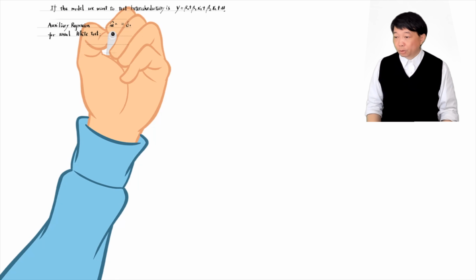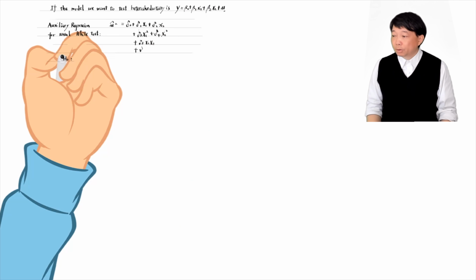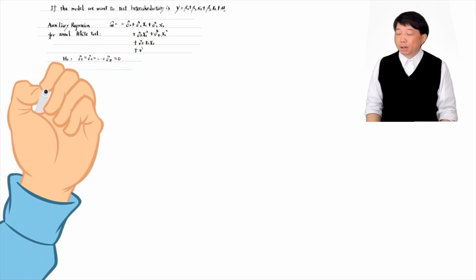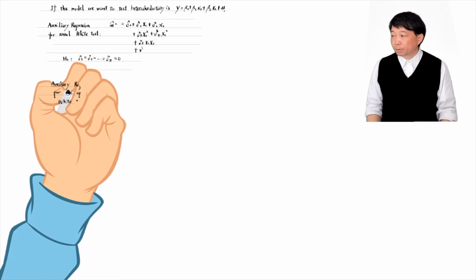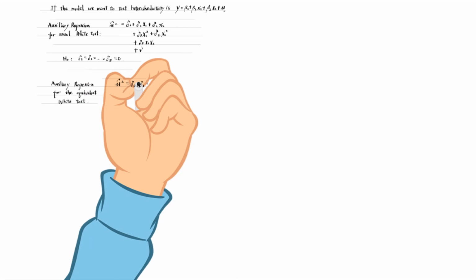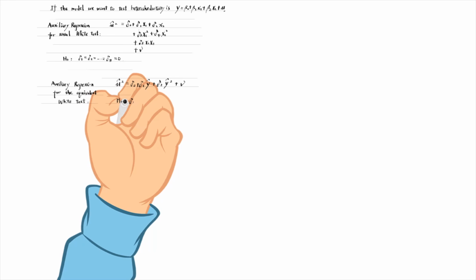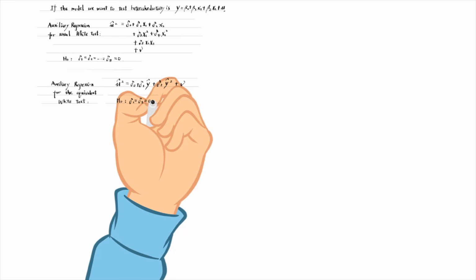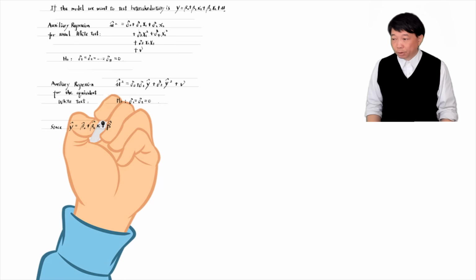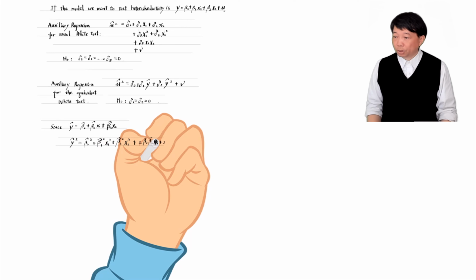The auxiliary regression for the first version of the White test has 5 slope coefficients, whereas that for the second version has 2 slope coefficients. After plugging in the expression of the fitted value, we can show the equivalence of the two versions.